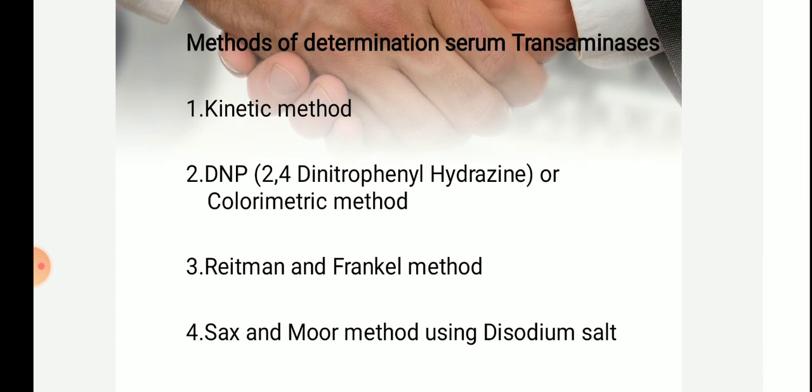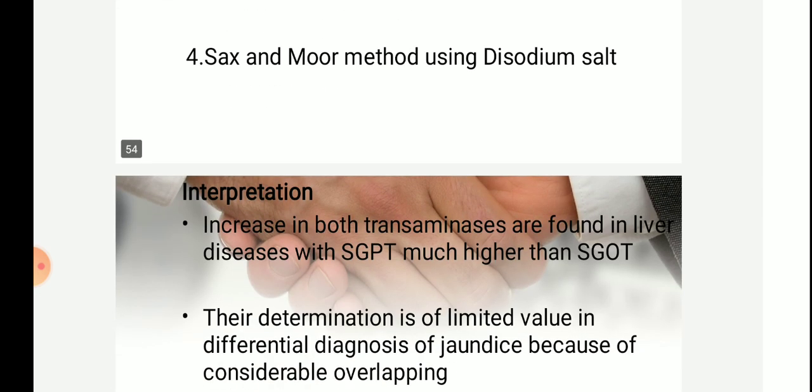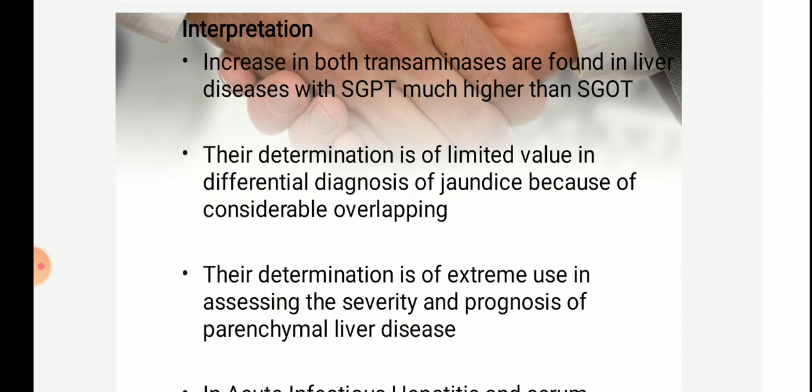Methods of determination of serum transaminases: the kinetic method, the DNP or the colorimetric method, the Reitman and Frankel method, the Sachs and Moore method using disodium salts. Now the interpretation of this: increase in both transaminases is found in liver diseases, with SGPT much higher than SGOT.